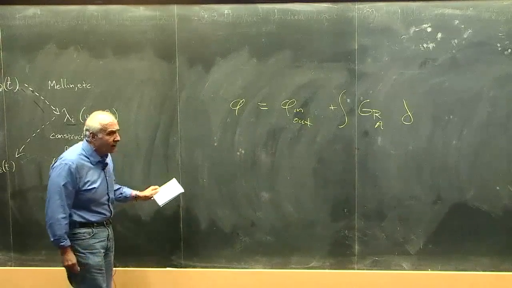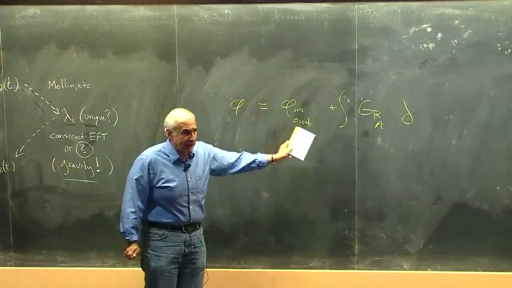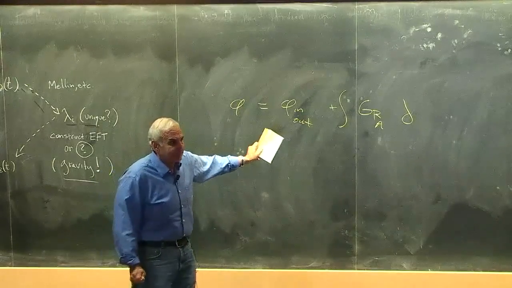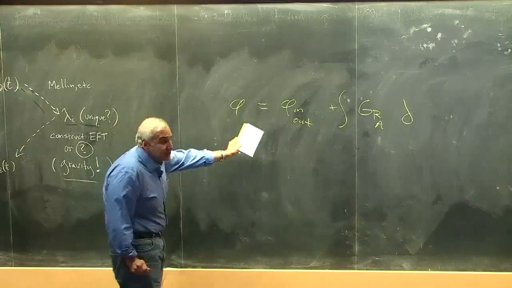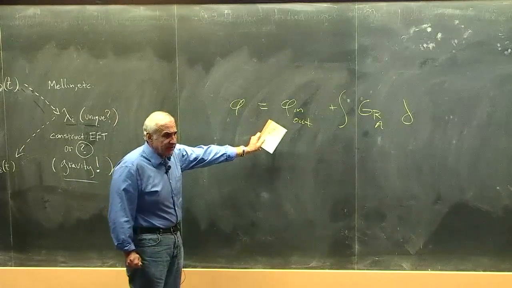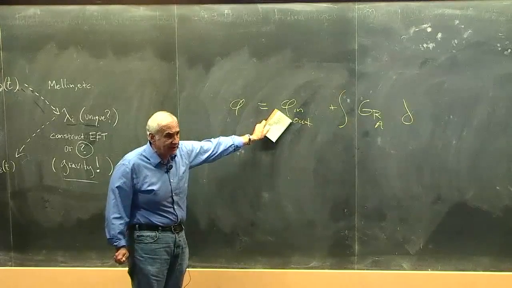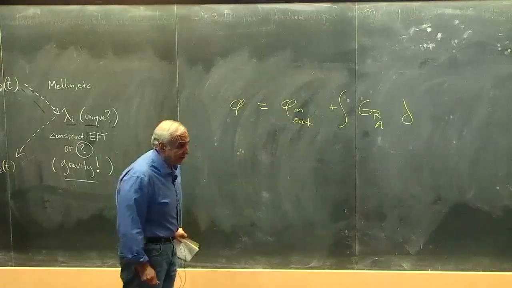So first of all, this equation never makes sense as an operator equation. In ordinary massive field theory, the equation makes perfect sense, but the claim that this field approaches that one at infinity never makes sense unless you do several things.